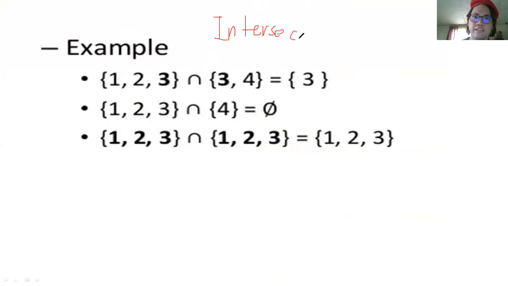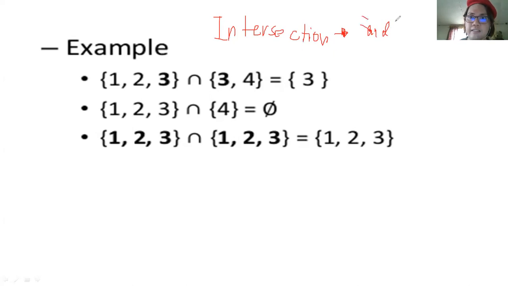So what is intersection of sets? As you can see in your module, if you don't have a module, this is the definition. A simple definition for intersection, as I said a while ago, it is represented by the preposition and.